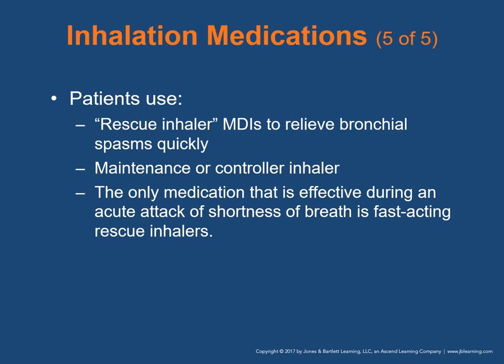There are dozens of different MDIs available, and the only medication that will be effective during an acute attack of shortness of breath will be a fast-acting rescue inhaler like albuterol, which is Proventil or Ventolin. Make sure you always have the right medication for a patient with acute respiratory distress.